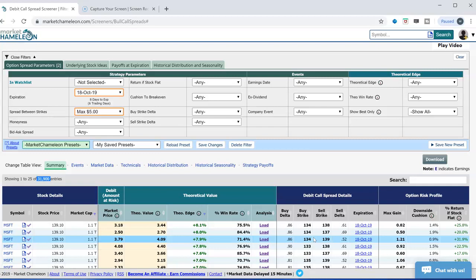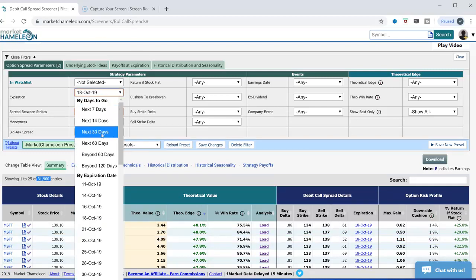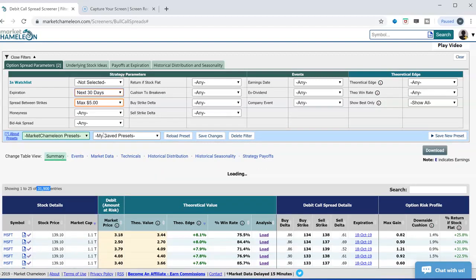Let me expand it right now, and let's look at any expiration that expires within the next 30 days. It's going to look at multiple expirations as long as they expire within the next 30 days, and we're going to see that expand even further. The goal is, how do you narrow it down to the best call spreads?